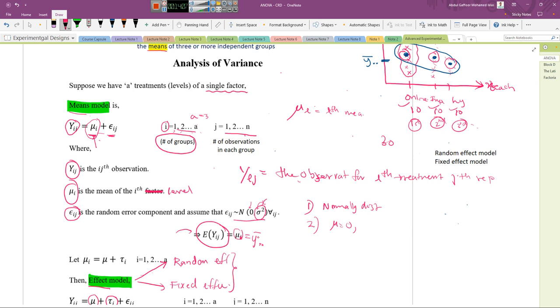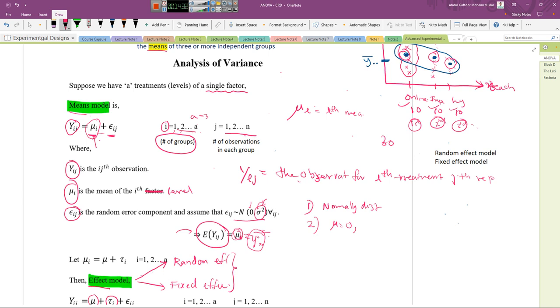This is the population mean, and this is the overall mean of our sample, which should be approximately equal to our population mean. So mu is the overall mean, the mean of all the data points that we have collected from the population.